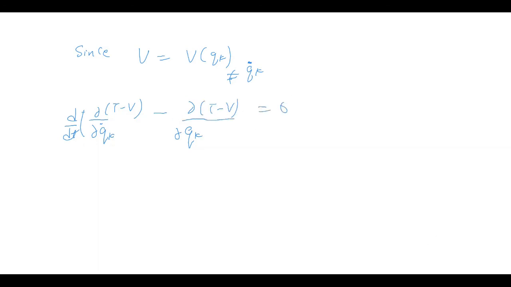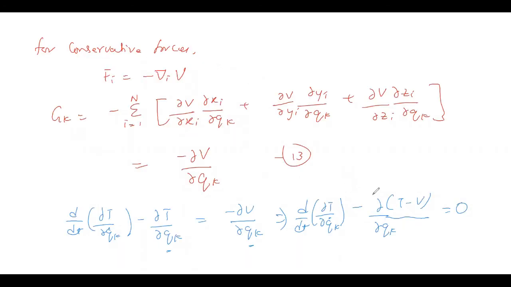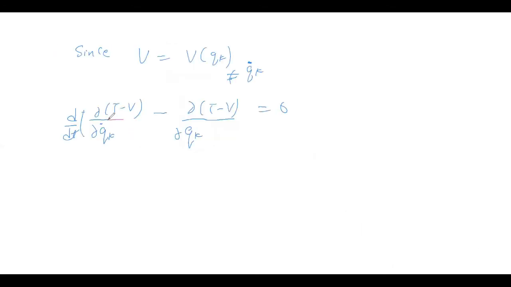So this is the same equation as 13. The second part remains the same, and here I have just substituted V, because V is independent of Qk dot, so it will automatically become 0. I can write it like this because delta V by delta Qk dot is 0. That's why I can rewrite the equation like this.